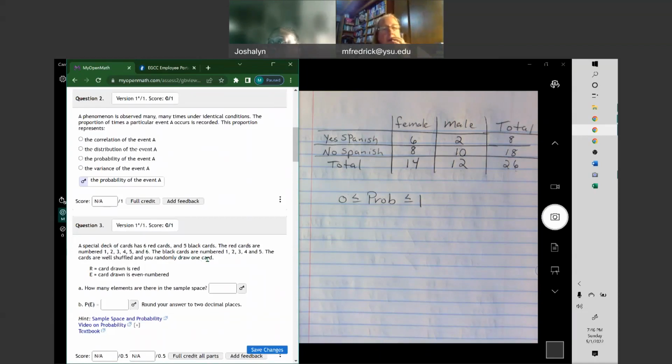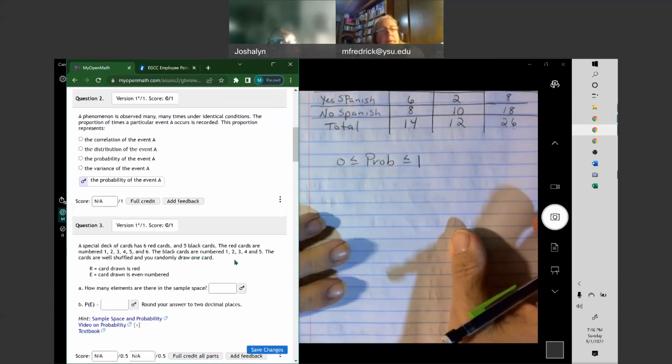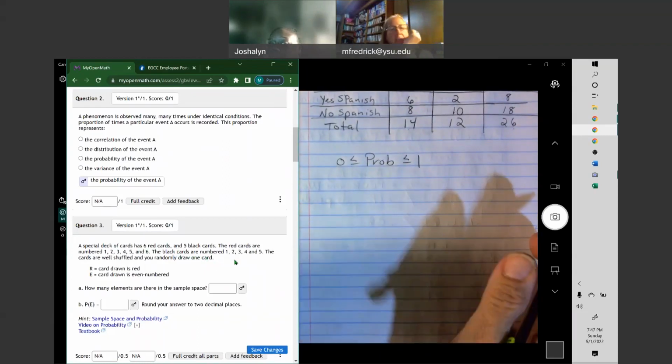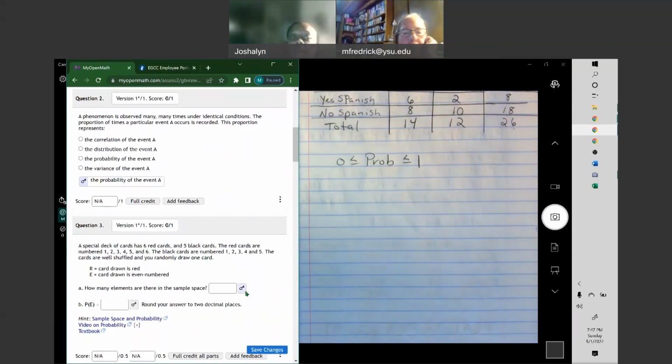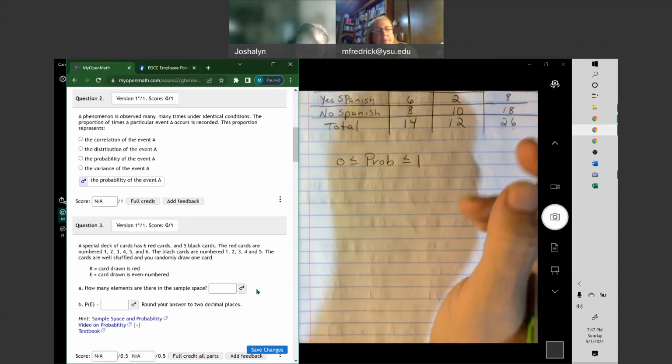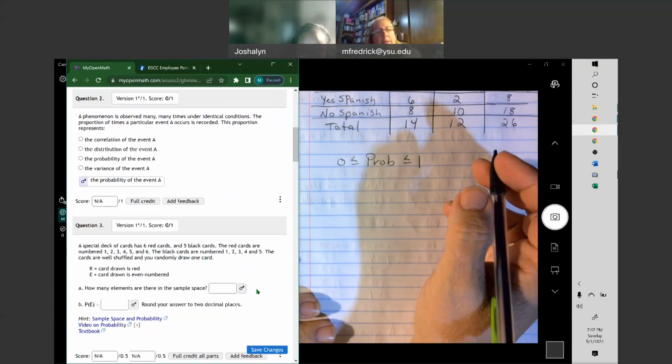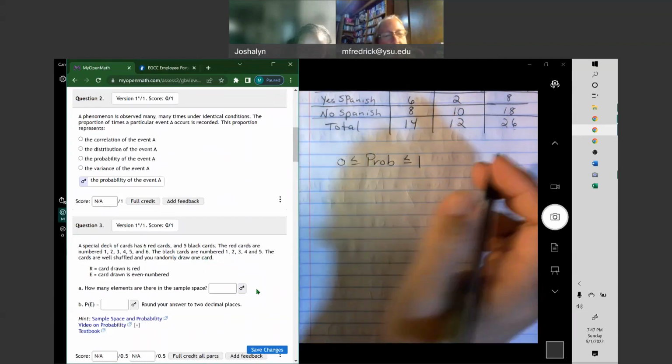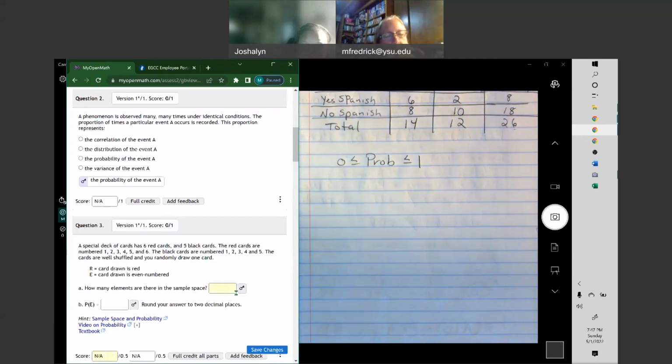And so when you're finding how many elements are in the sample space, okay, so we have red cards and an even number.